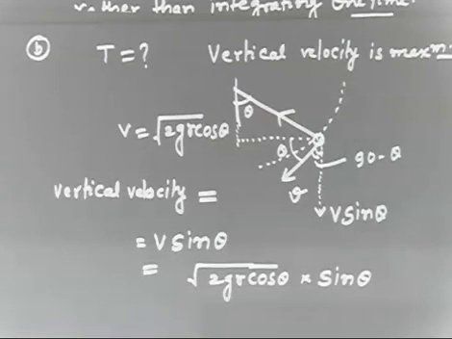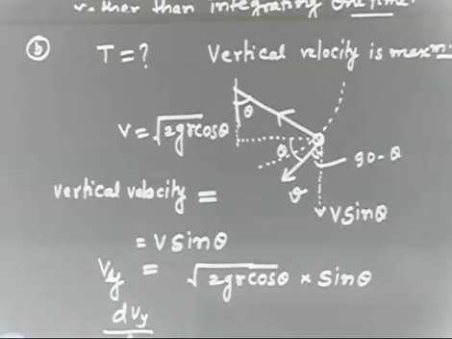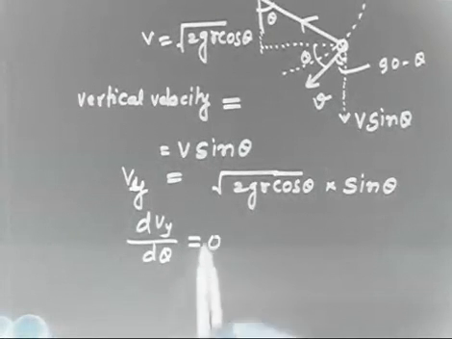I need the theta when the vertical velocity is maximum, so I have to differentiate this. Let us call this Vy, a function of theta, and I have to put its derivative dVy by d theta as 0.